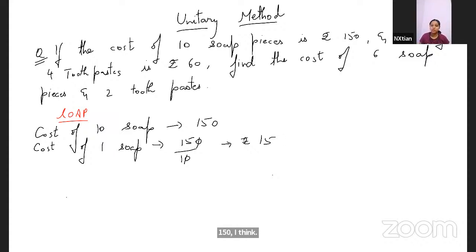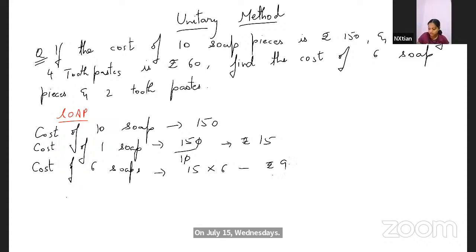Now I can calculate the cost of 6 soaps. Multiply 15 with 6, that is 90 rupees. So my cost of 6 soaps is 90 rupees. Now we'll find out for toothpaste.